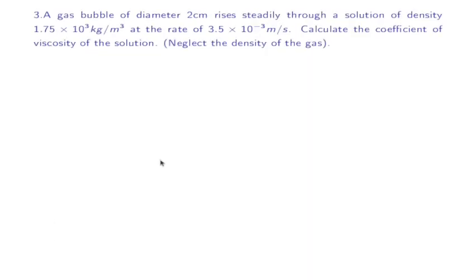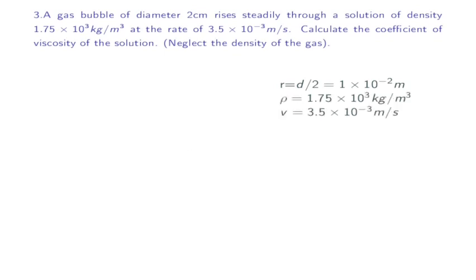Here a gas bubble of diameter 2 cm rises steadily through a solution of density 1.75 × 10^3 kilogram per meter cube at the rate of 3.5 × 10^-3 meter per second. Calculate the coefficient of viscosity of the solution and neglect density of gas. We have eta is equal to 2 by 9 r^2 (rho b minus rho) g by v.